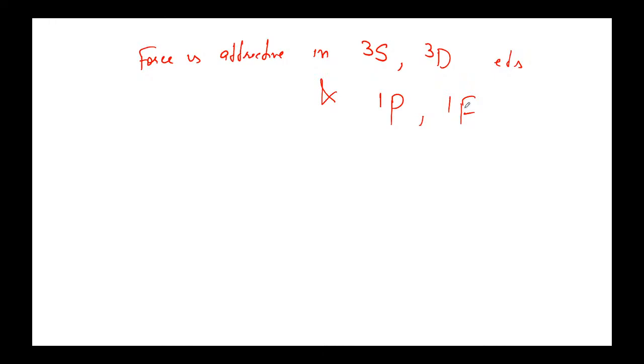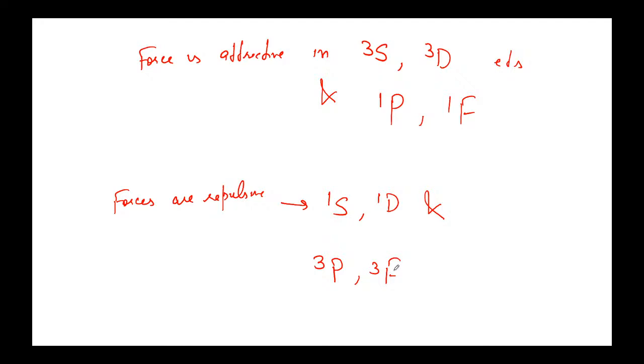So what Heisenberg said is that the force is attractive in the triplet state of s orbital, triplet state of d orbital, and also for the singlet state of p orbital and the singlet state of f orbital, and the forces are repulsive for the singlet state of s orbital, singlet state of d orbital, triplet state of p orbital and triplet state of f orbital.